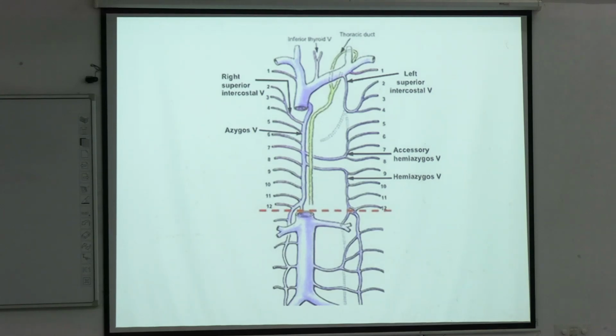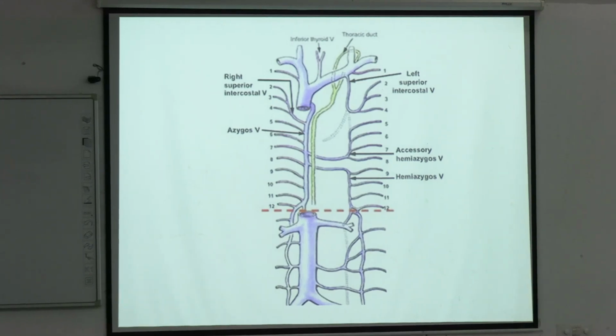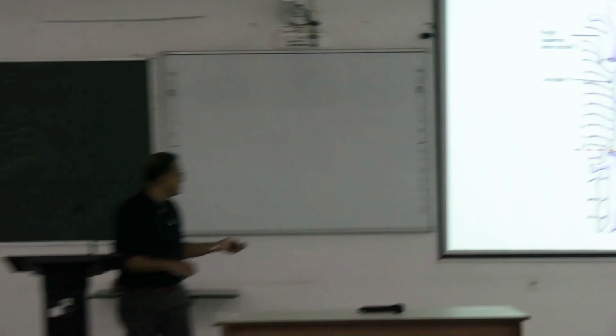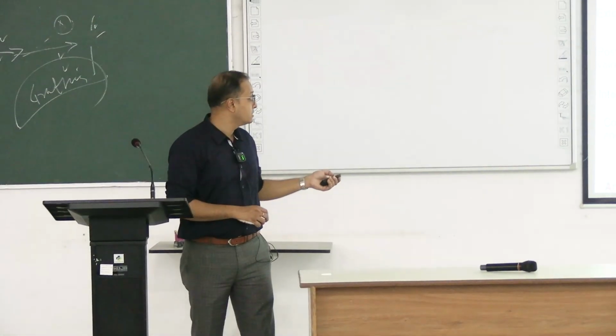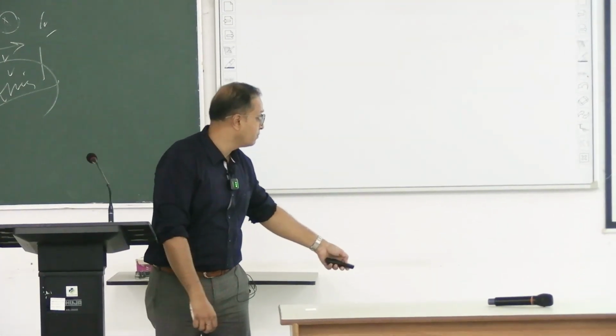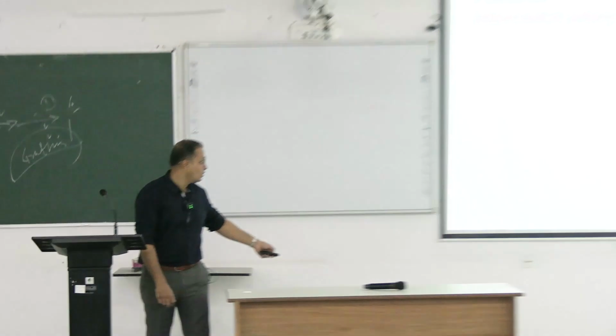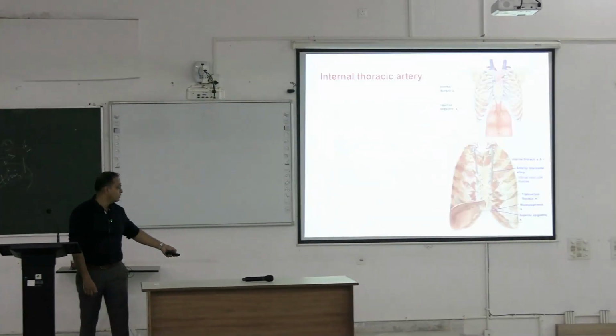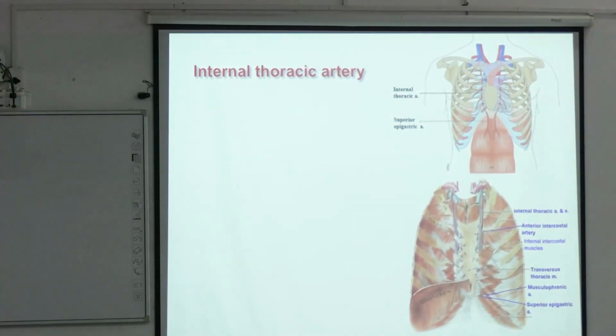Now, this much of complex thing we cannot remember. It's not possible for us to remember all these things unless you practice this again and again. So, my recommendation is that for the drainage of the posterior intercostal veins, we memorize only that they drain directly or indirectly through the azygos vein and empty the blood.